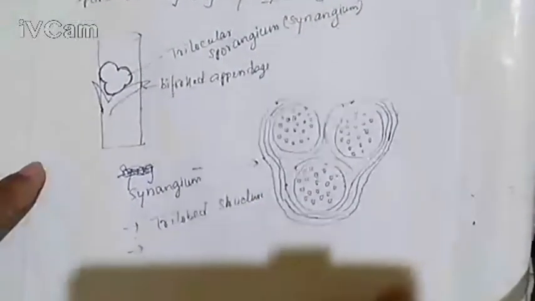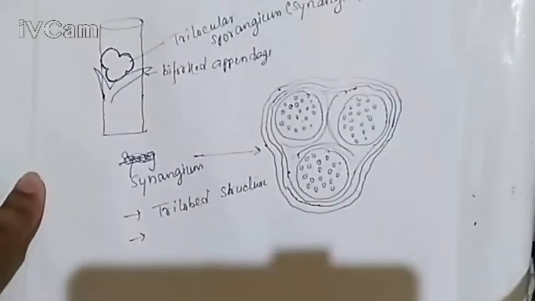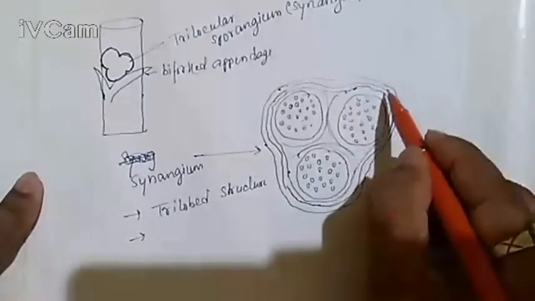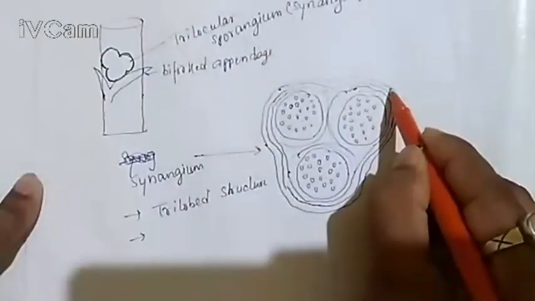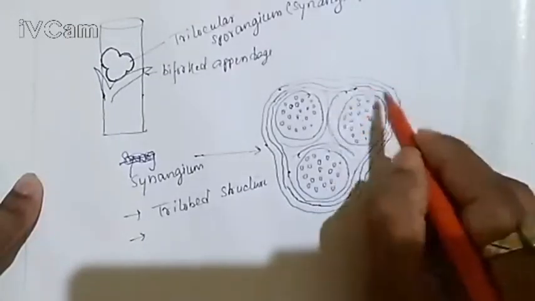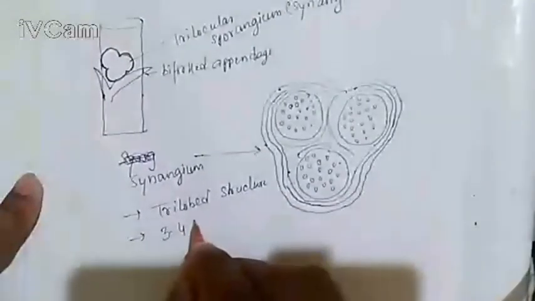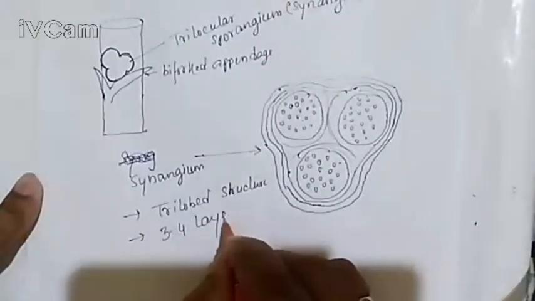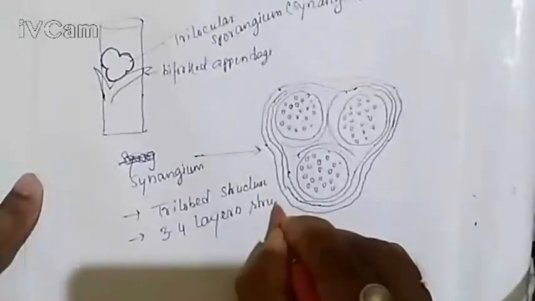Number two, it consists of 3 to 4 layers. If you look, 1, 2, 3 and 4, there are many layers around the structure.